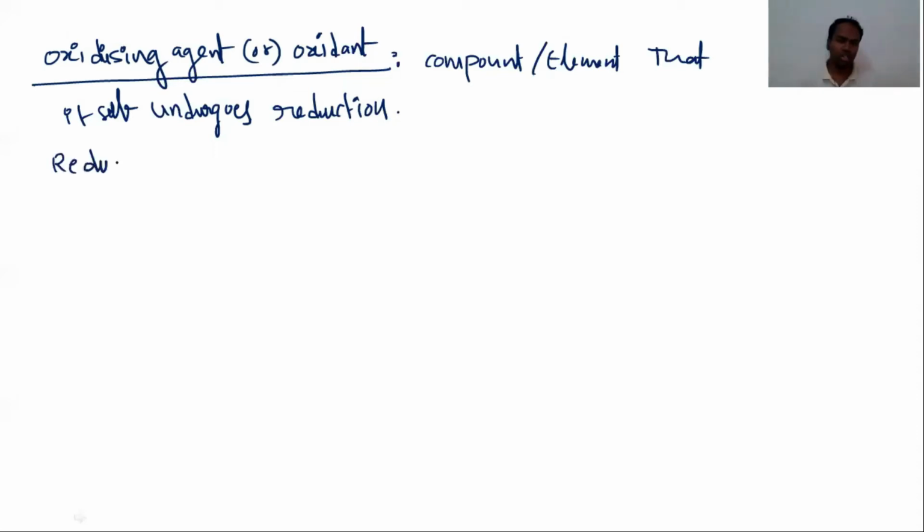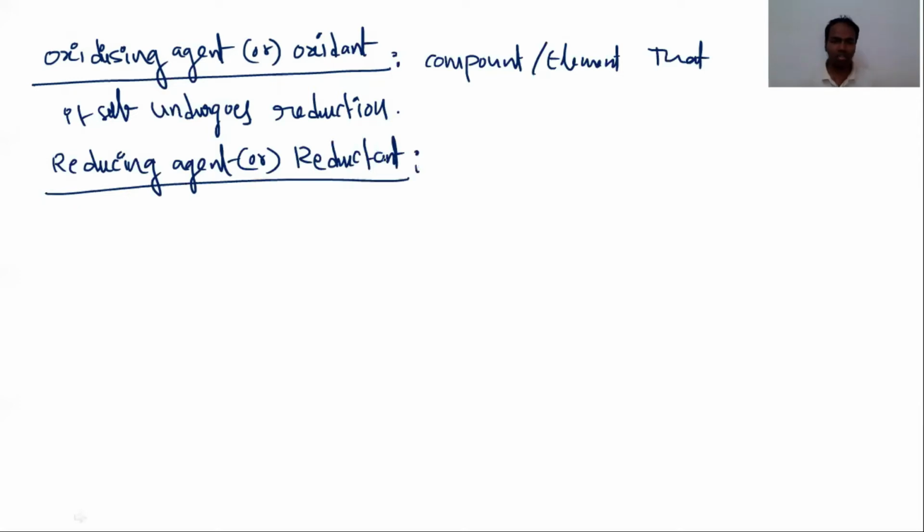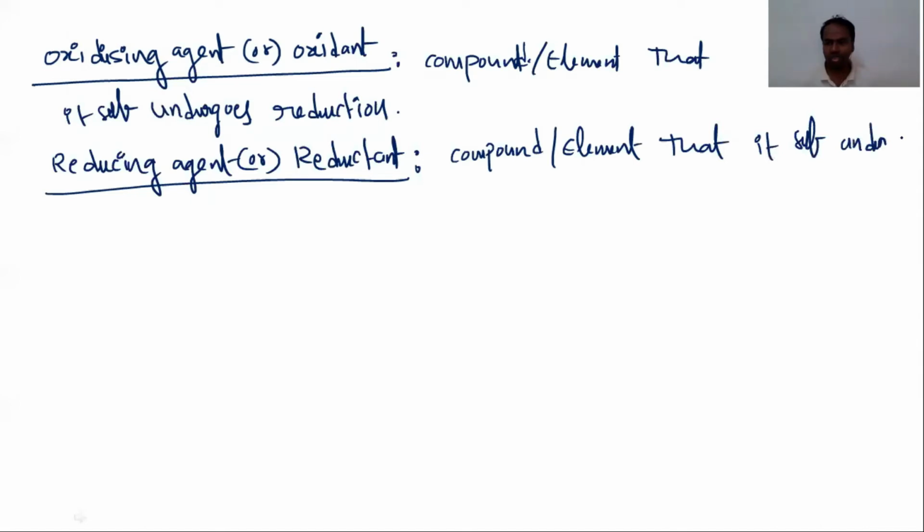One more term: what is a reducing agent? Reducing agent or reductant. The compound or element that itself undergoes oxidation is called the reducing agent.